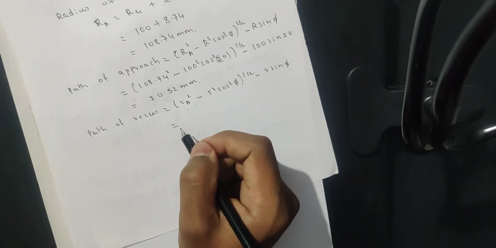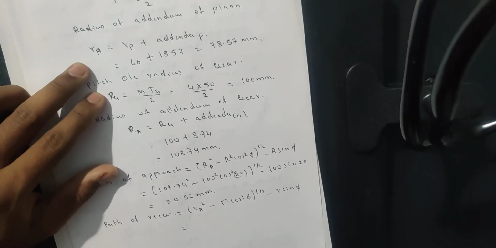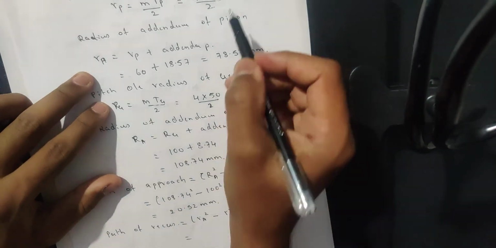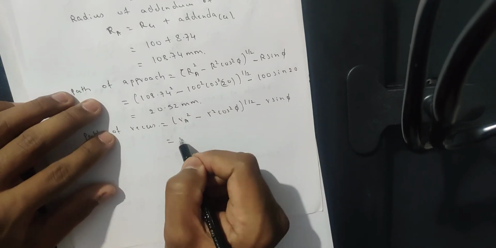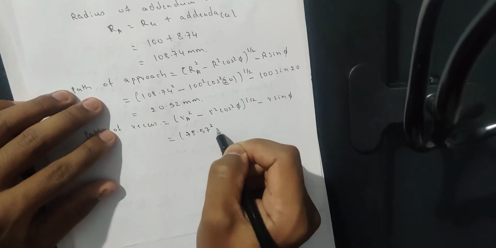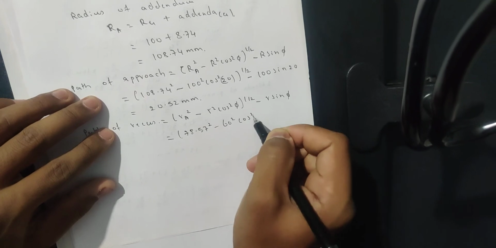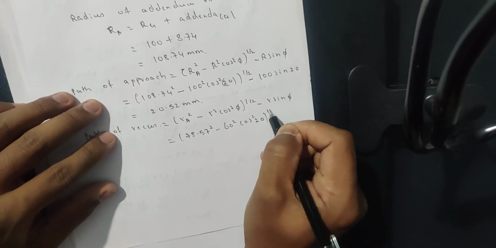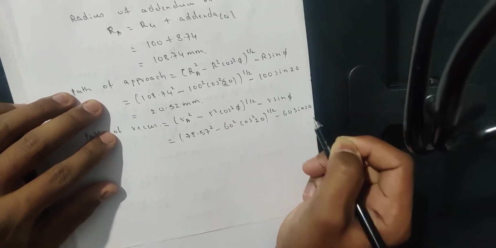Here ra will be the addendum radius of the pinion, which we have already calculated as 78.57, and small r will be 60. So you can write it as (78.57 square minus 60 square cos square 20 degree) raised to 1 by 2, minus 60 sin 20.